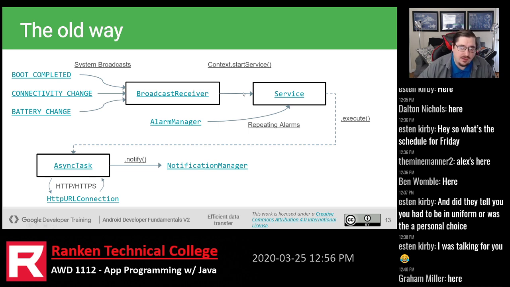And then when the broadcast receiver gets something, especially the boot completed broadcast, we'd say, let's start a service that's going to run in the background and monitor the internet for new posts, new stores, new blog articles, new Facebook posts, whatever it may be.